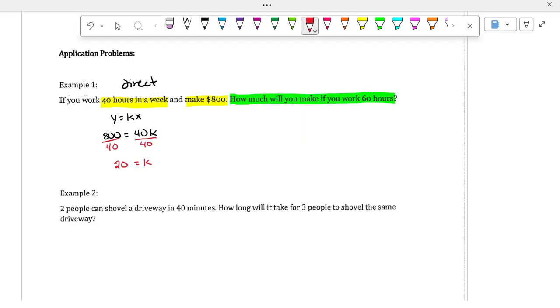So you make about $20 an hour. That's pretty decent money. So that means y is equal to 20 times x. If we want to know how much we make for 60 hours, we just multiply 20 by 60. So how much money will we make if we work 60 hours? 1,200.